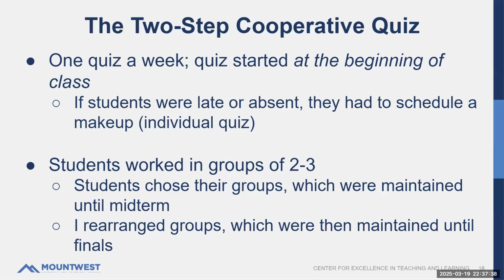I did have tardiness and absentees. I looked at the averages and I do think this helped slightly with attendance. On quiz days, I had better attended classes than non-quiz days, because students didn't want to miss their quiz and they also wanted that group boost.